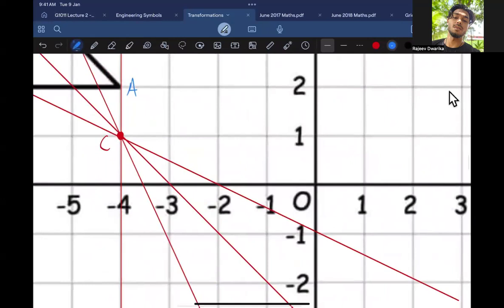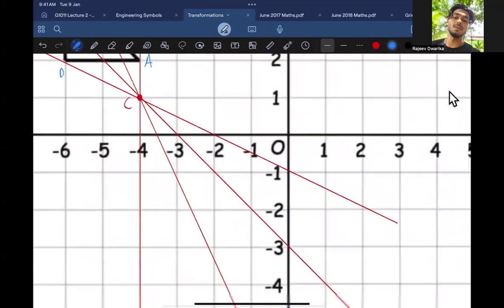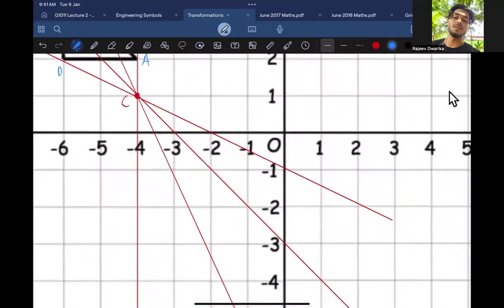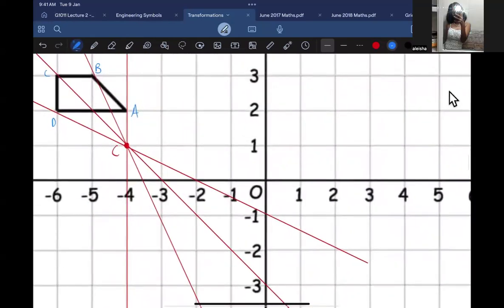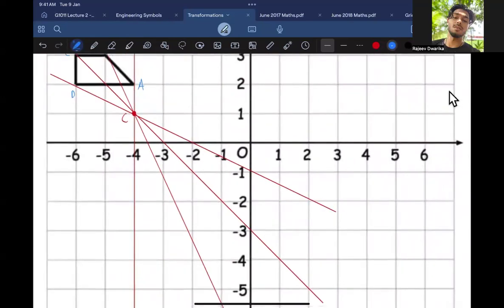So if our original distance is 1, then our new distance would be 3, right, because you're taking the old distance and multiplying it by the scale factor. So I'm going to count 3 away from the center.